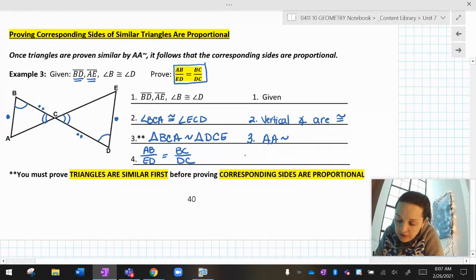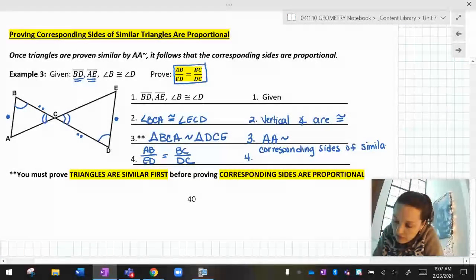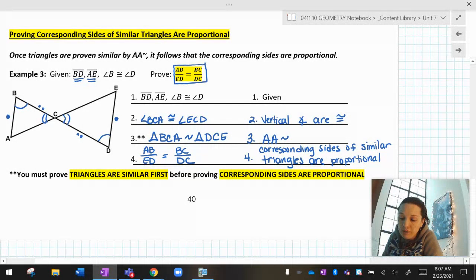And the justification for that proportion is the following. Corresponding sides of similar triangles are proportional. All right, corresponding sides of similar triangles are proportional.